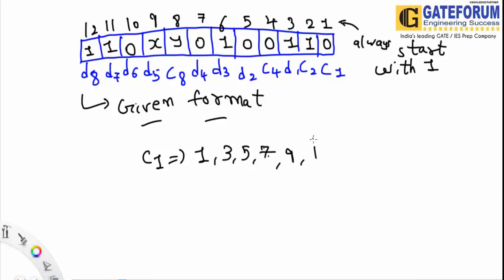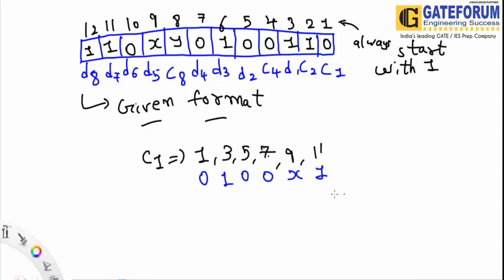Position number 1 is having the value 0. Position number 3 is having the value 1. Position number 5 is having the value 0. Position 7 is having the value 0. Position 9 is having the value X, and position 11 is having the value 1.